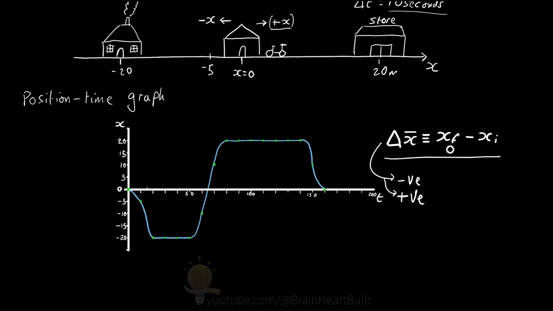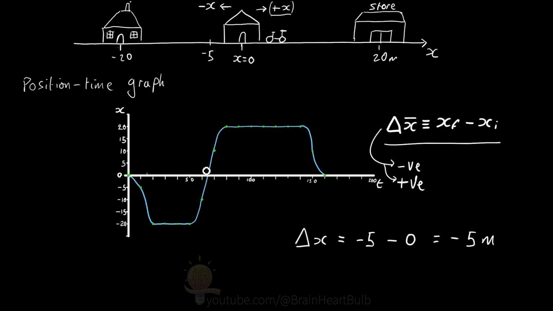Well, if I write this out, our delta x is equal to our final position, which is -5, minus our initial position, which was 0. So our displacement is -5 meters.